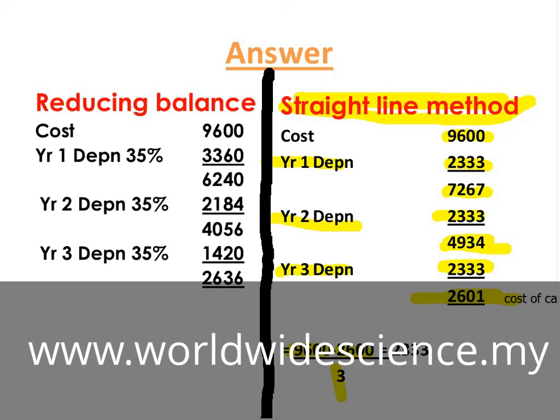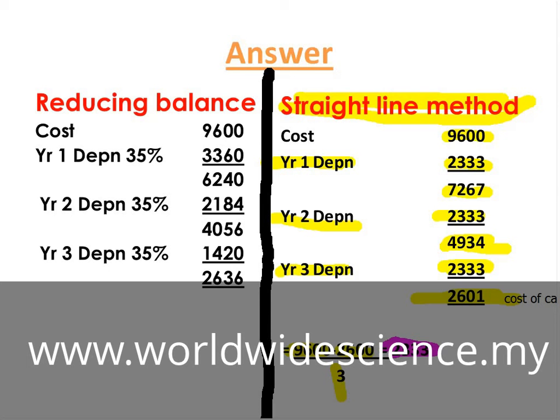We have a cost for depreciation, which, as you see, is 2,333. The depreciation for each year will be the same amount, right? And each year we have to deduct it from the cost of the car.